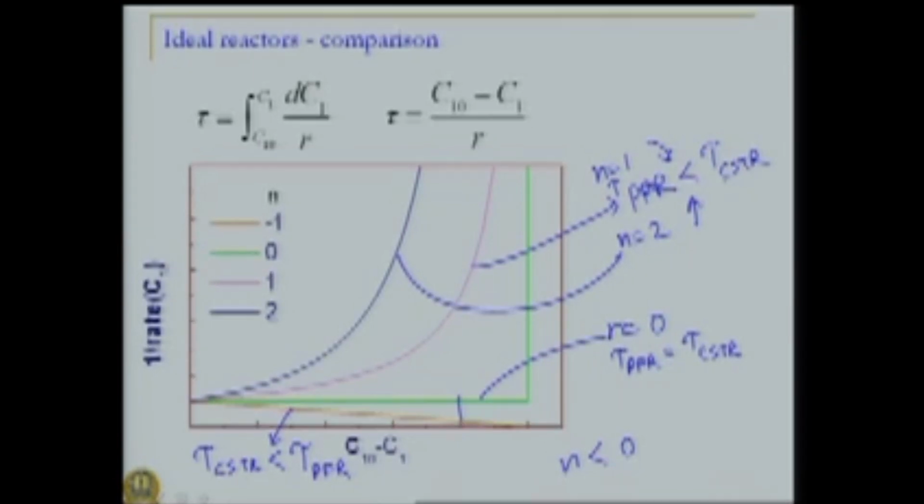For those reactions where rate is independent of concentration, the plug flow reactor and CSTR both perform equally well, and this is to be expected, because the concentration variation does not change the rate of reaction. So, whether it drops down instantaneously or decreases gradually, both are the same as far as performance is concerned. But for those reactions for which the rate increases as concentration decreases, CSTR is a better reactor than plug flow reactor.